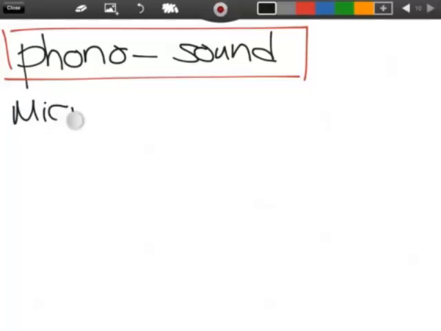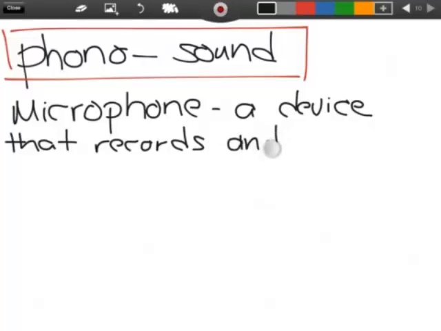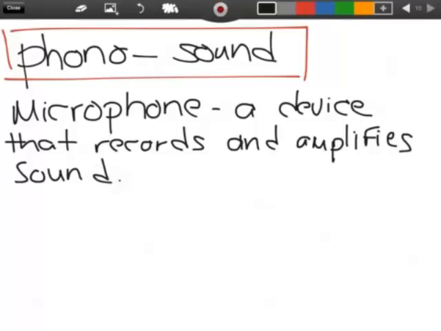It's a pretty common word that we hear every day, microphone, and the meaning of that word is a device that records and amplifies sound. I'm going to use microphone in a sentence.